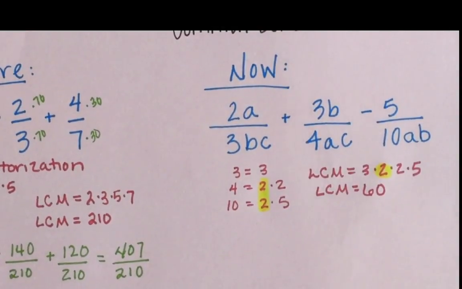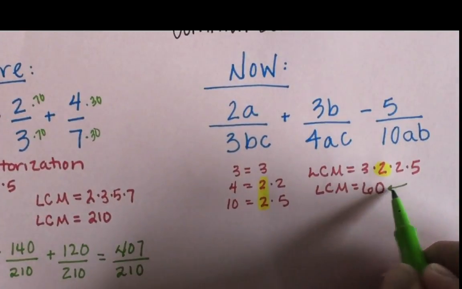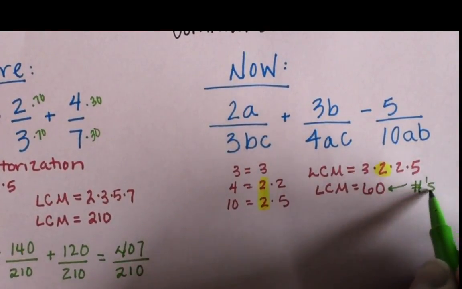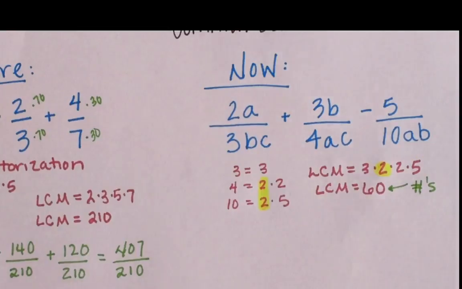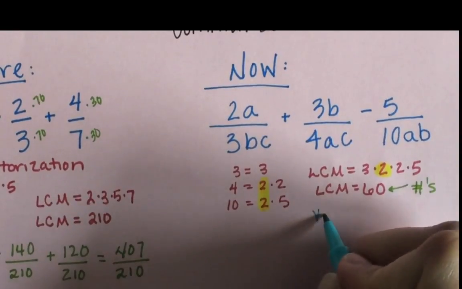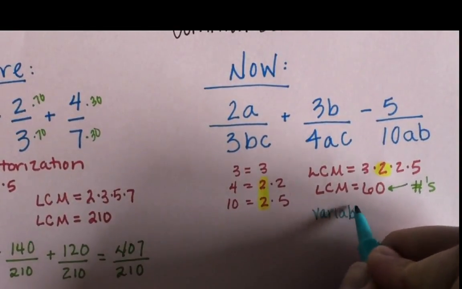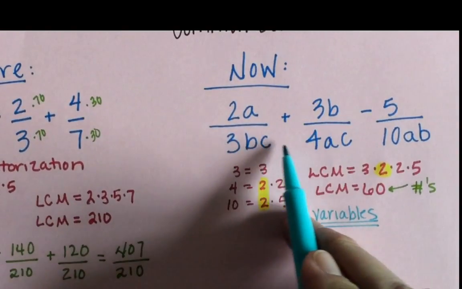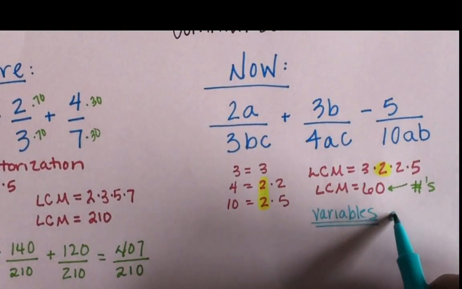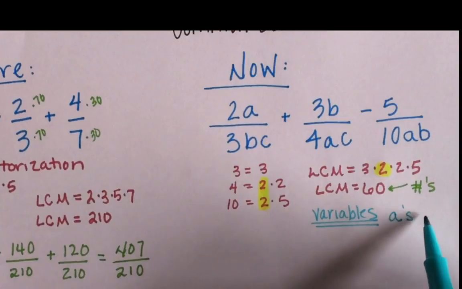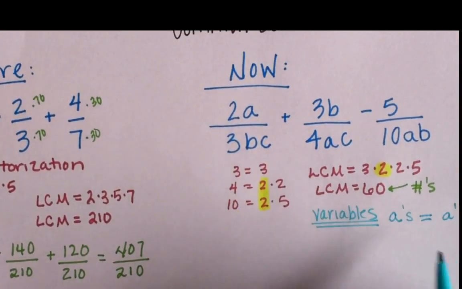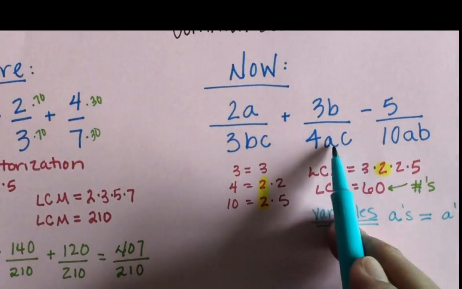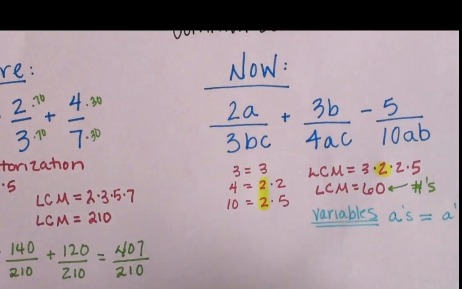Now what we have to worry about is what are the variables. Now our variables, we're just going to worry about needing the highest for each one. So our variables, of all the ones in the bottom are A's, we just need A to the first because there's only A to the first as our biggest.